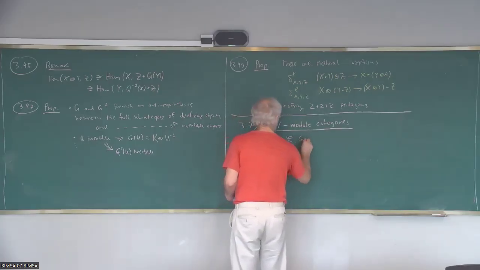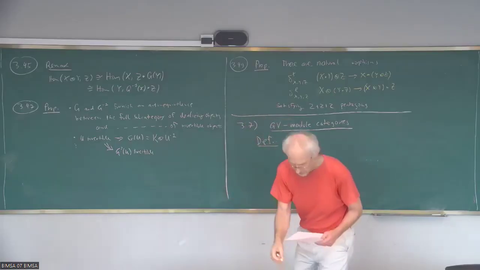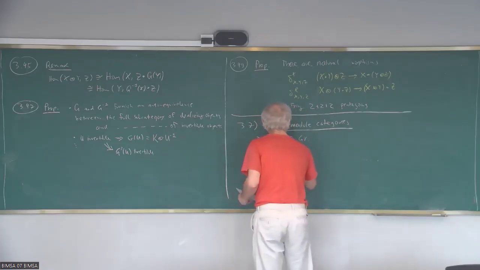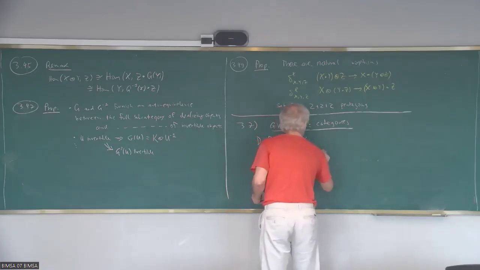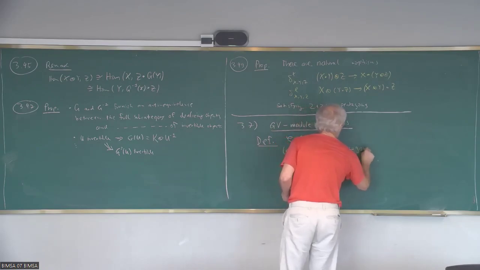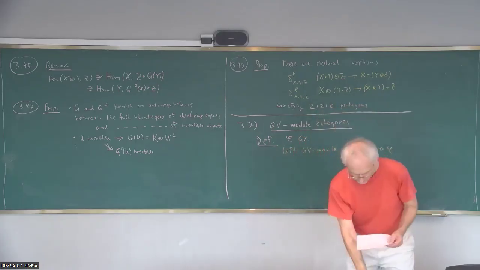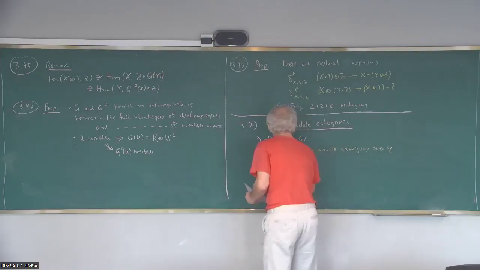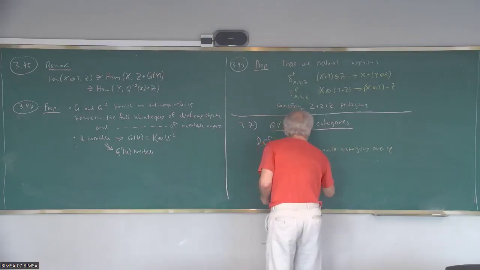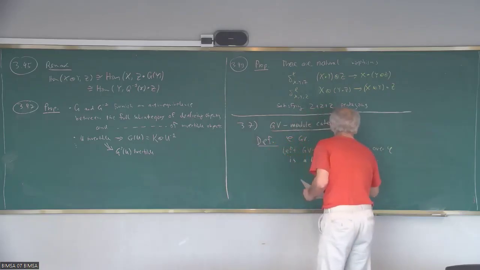So C is a Grothendieck-Verdier category, and then we say that a left Grothendieck-Verdier module category over C is a left module category over C with the right exact tensor product.